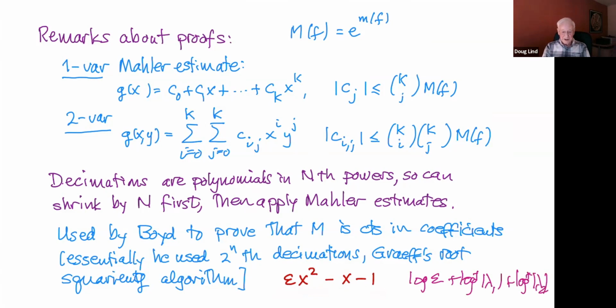So log epsilon goes to minus infinity. This first root is going to infinity, and the second root is going to 1. And you just have to show everything balances out and gets you 0 in the limit. So even in this simple case, it's not so obvious that Mahler measure is a continuous function of the coefficients.